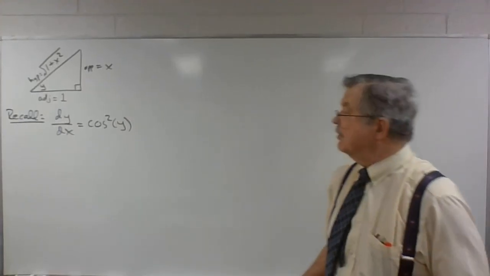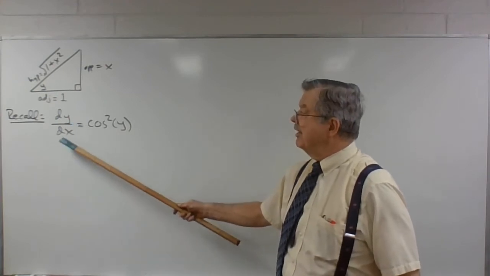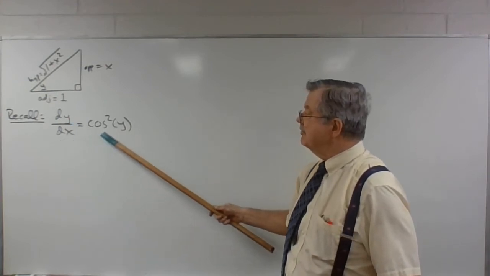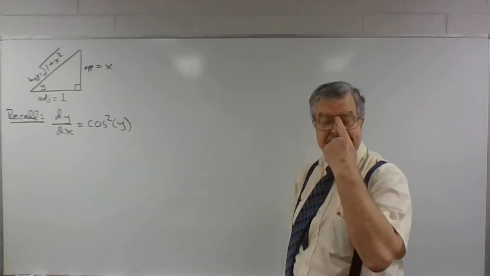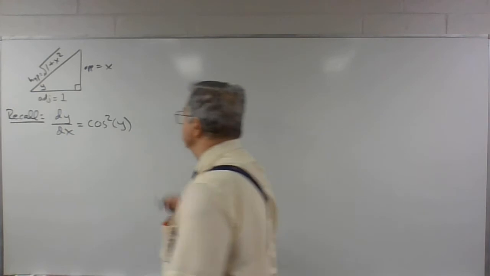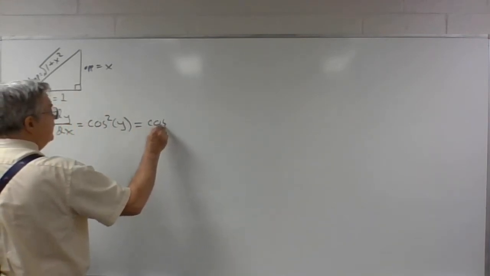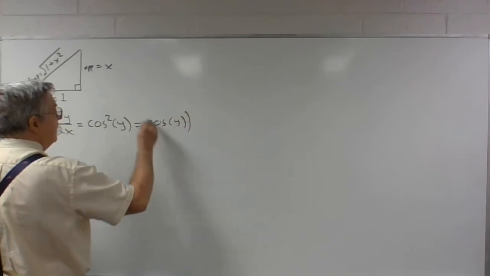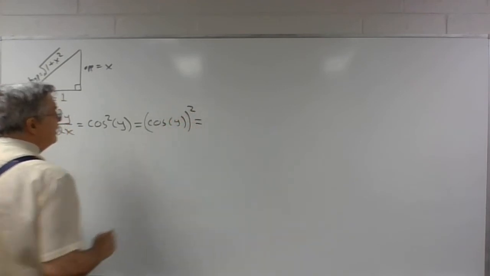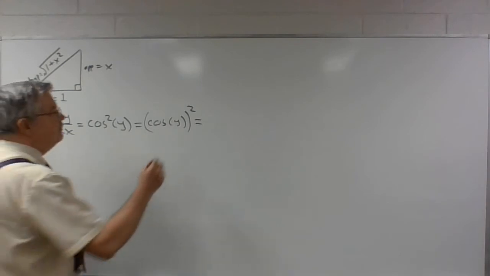Okay, we're back and we're about to wrap this up. Here's where we left off. Dy dx is cosine squared y. And let me just take what might seem to be an unnecessary step. But I'll write that as cosine of y squared. And what is cosine of y?